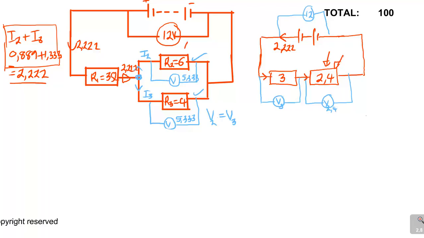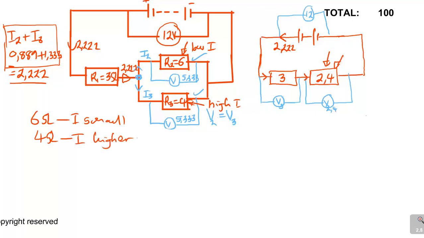So in the 6 ohm resistor you expect low current, but in the 4 ohm resistor you expect a high current, because current and resistance are inversely proportional.